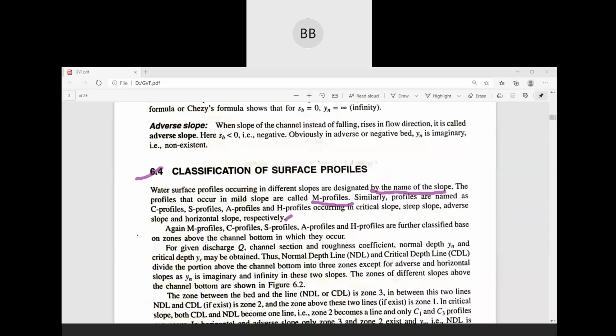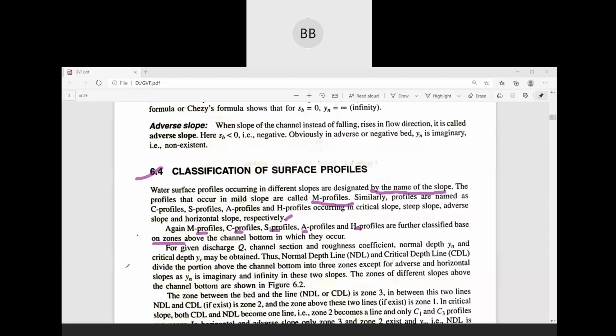Again, M profile, C profile, S profile, A profile, and H profiles are further classified based on zones above the channel bottom in which they occur. We have three zones basically: zone 1, zone 2, zone 3.